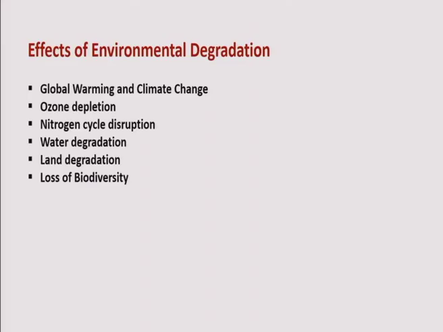Once the population is increasing, people started using a lot of machinery for their livelihood and lifestyle, and the machinery is releasing gases like carbon dioxide and methane, so that the earth is really warming. At the same time the climate is also changing.